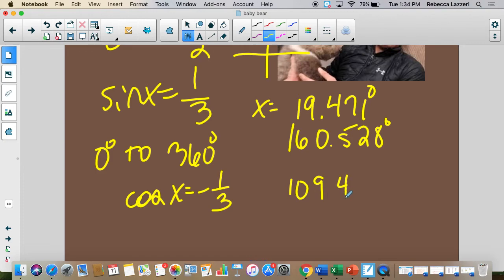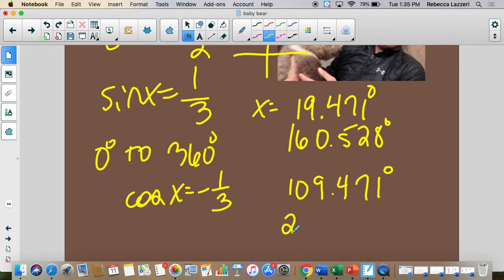One more decimal place, because in AP, or in calculus, I don't know what y'all are all going into, you need 3 decimal places. 70.528 wouldn't get negative 1/3, but you can use that number for something. What quadrant do we need to go into? 250.53. Check it and see. Take the cosine of it and see what you get.